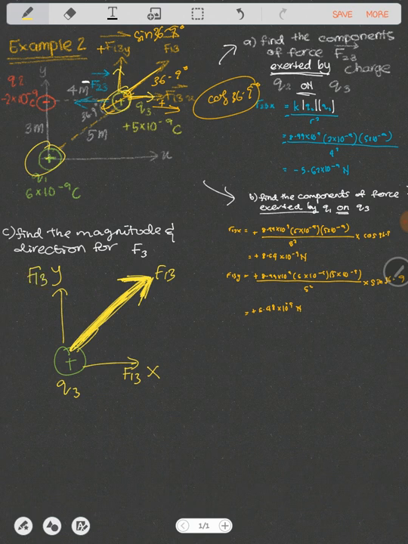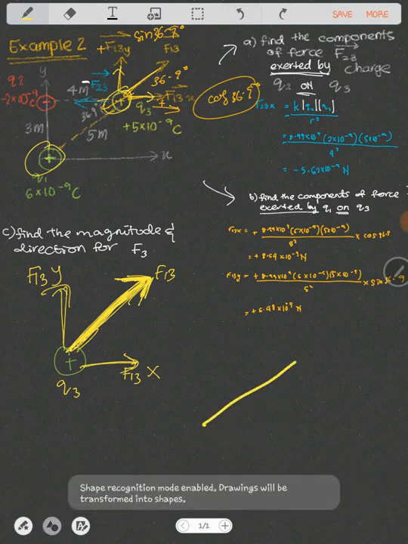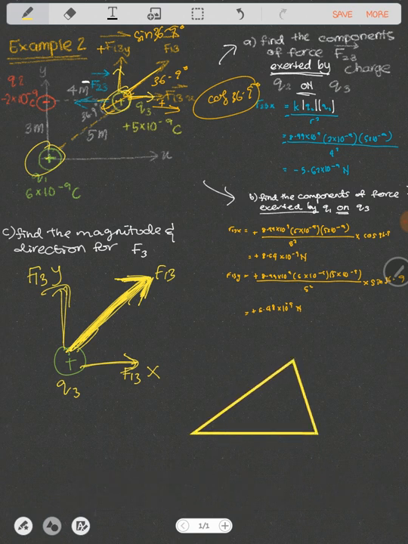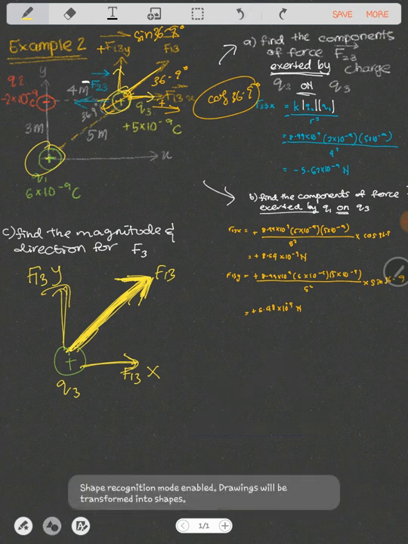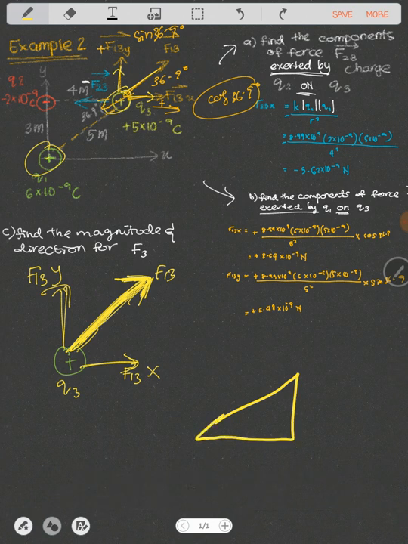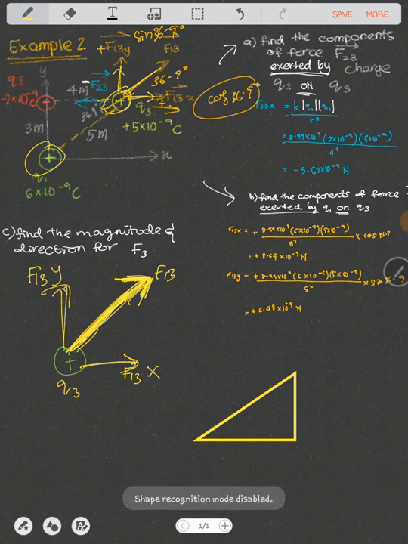Because we multiply by cos 36.9 and so on. Okay, because once we know it goes this way, and we have its components, we get a Pythagoras theorem. Which is, this one is F13, its resultant. And then this one, oh wrong, this looks like a scalene triangle. Wait. Yeah. Okay, so this is the right angle triangle.